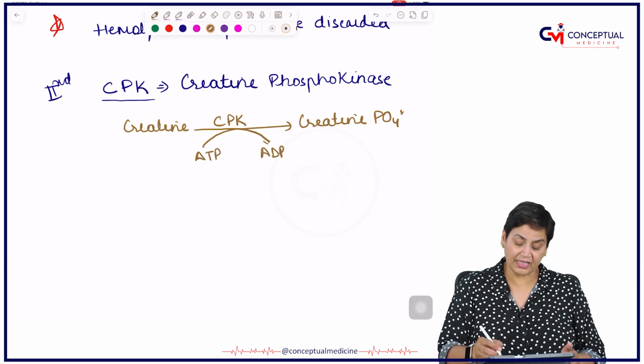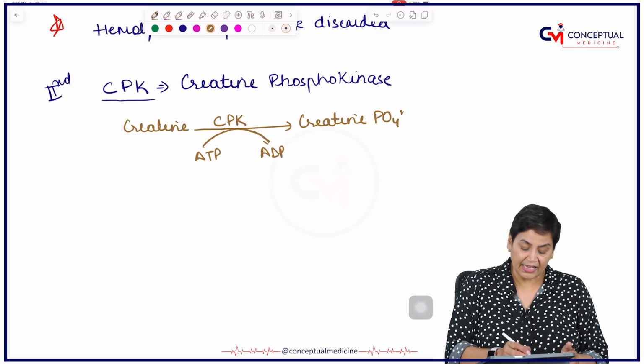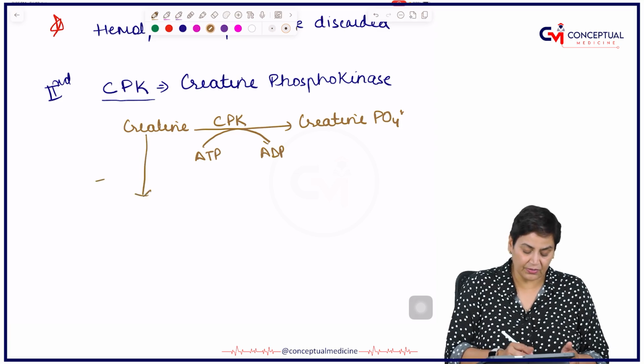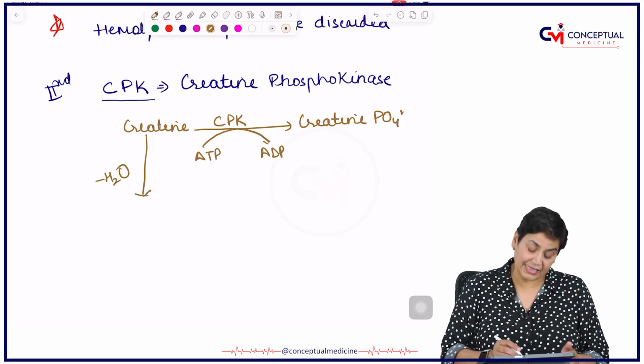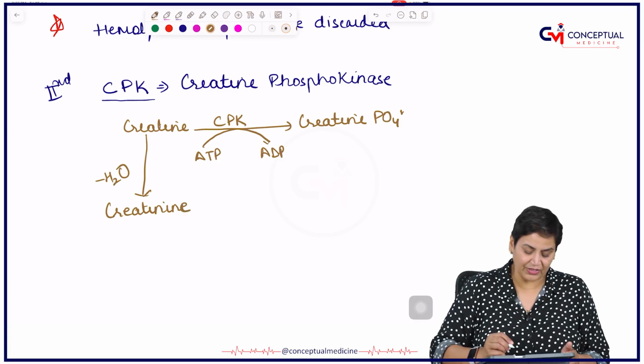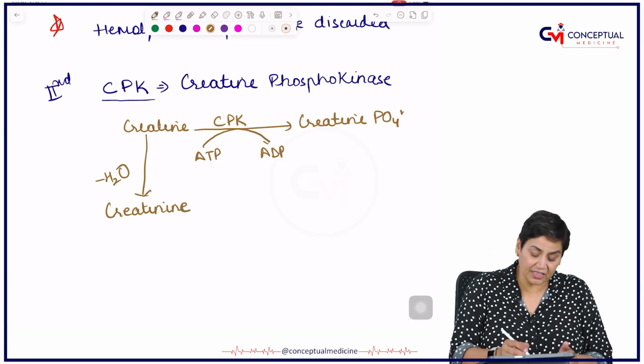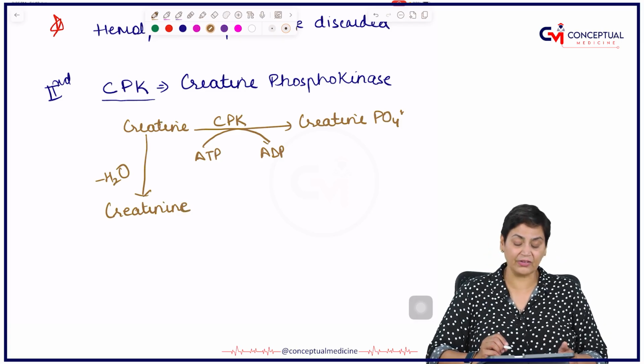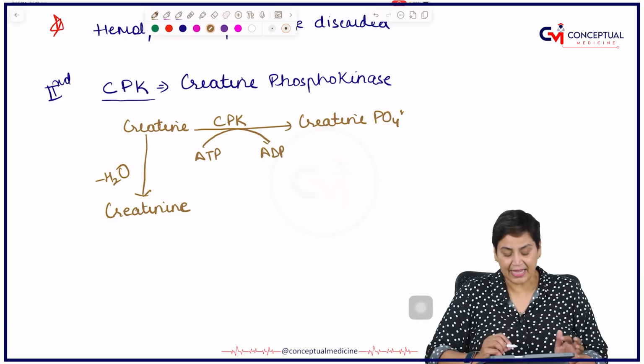And one more interesting thing: this creatine, when it loses water, is converted into creatinine. So most of the students again get confused between creatine and creatinine. There is a world of difference. Creatine is the one which gives energy to the muscles, and creatinine is actually a result.